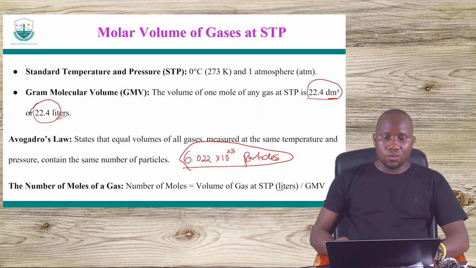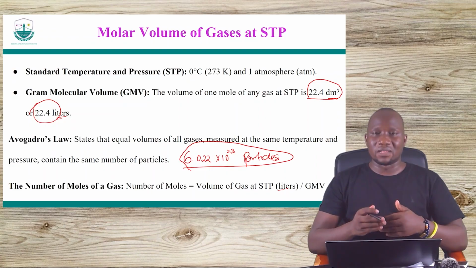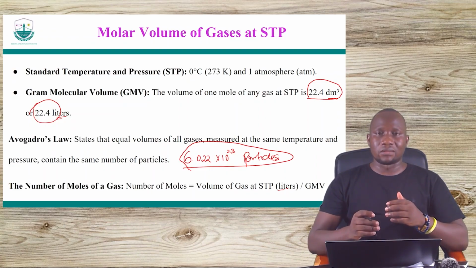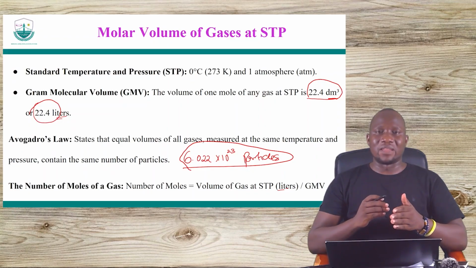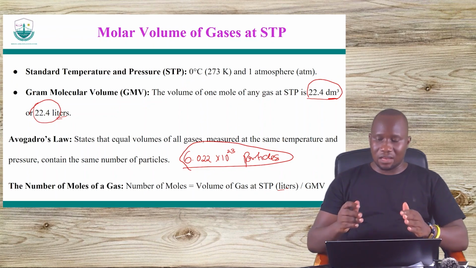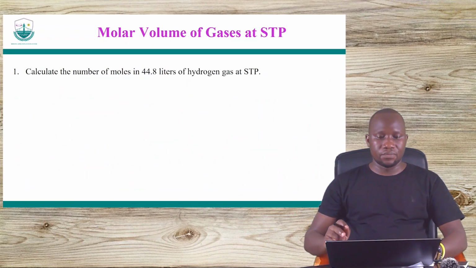Now let's go and check the calculations associated with this concept. I can promise you they are quite simple. It's just that my explanation may not be very steady, but the concepts are very clear cut, and we will see this in the calculation here.